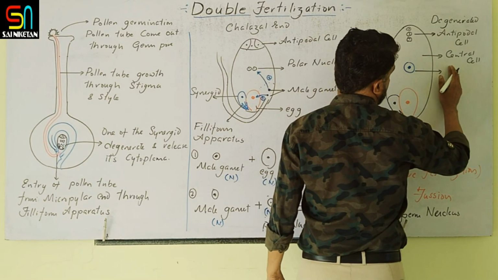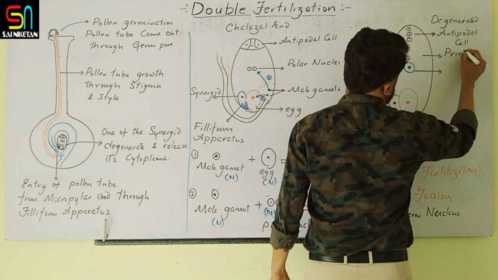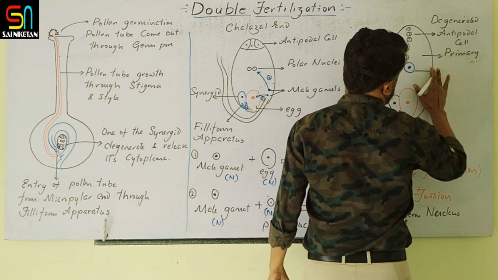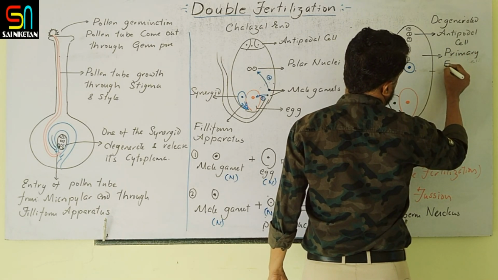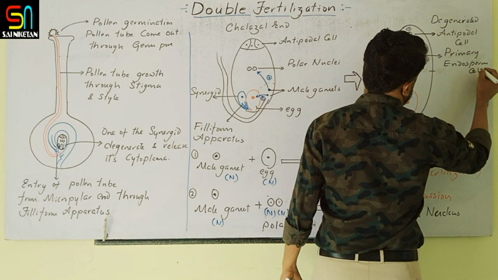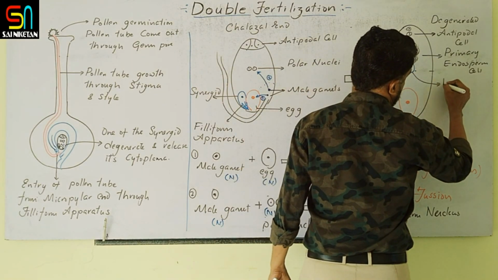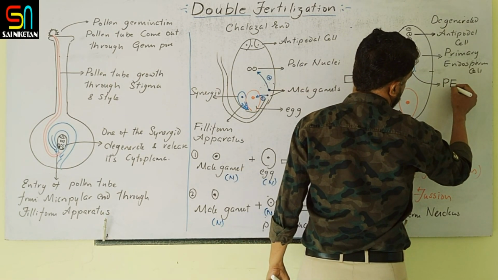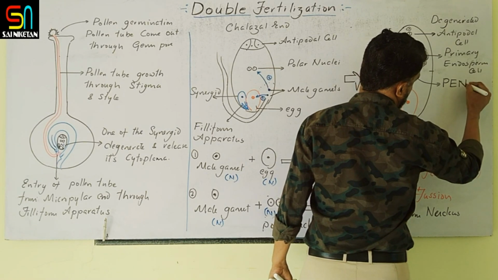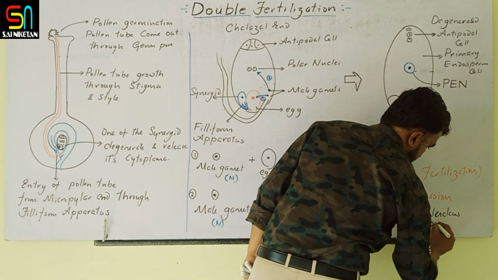This is a primary endosperm cell, and this nucleus is a primary endosperm nucleus. Yeah, so short form.